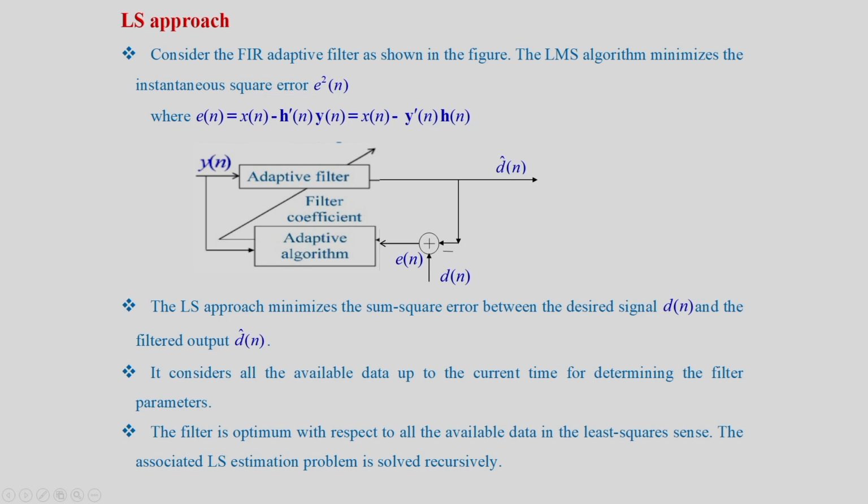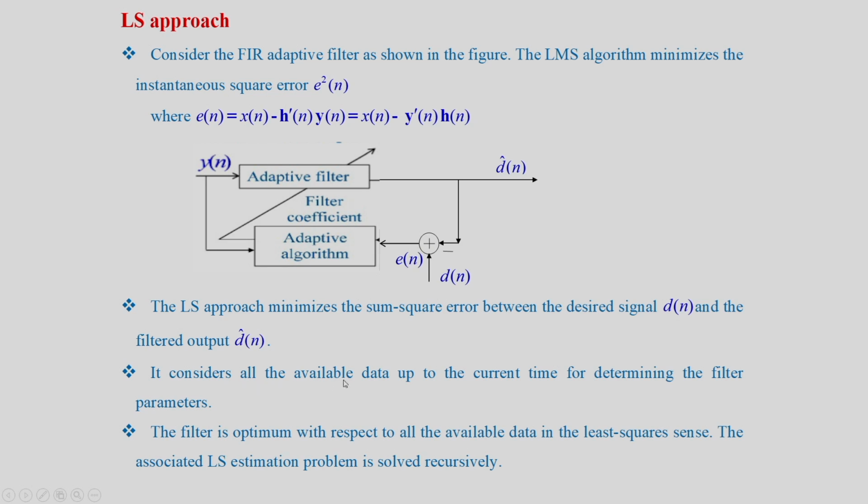So, that error is used to adaptively update the filter coefficients, and those filter coefficients are used to filter this signal. We know that the LS approach minimizes the sum square error SSE between the desired signal d[n] and the filtered signal d̂[n], because here error is between the desired signal and the filtered signal. Therefore, LS approach will minimize the sum square of this error.